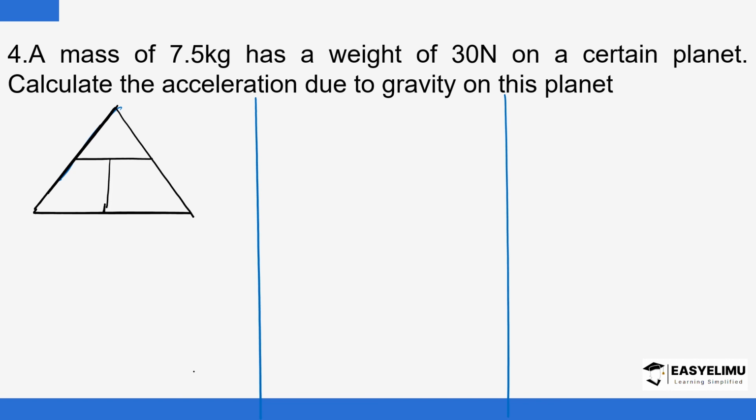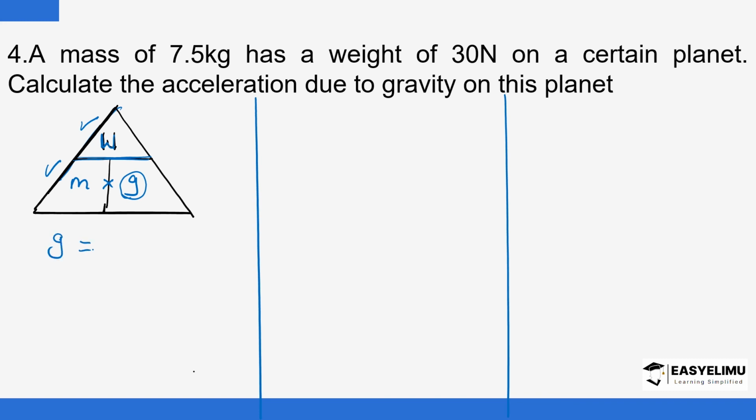Weight is equal to mass times gravity. We are looking for gravity now in this case, so gravity should be weight divided by mass. These horizontal lines mean division. Vertical lines mean multiplication.